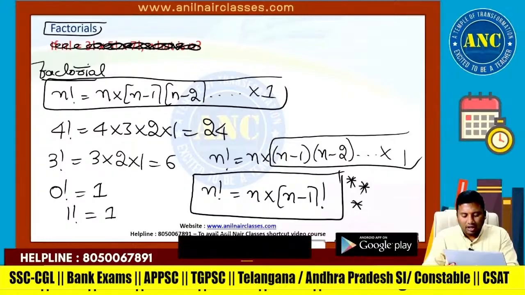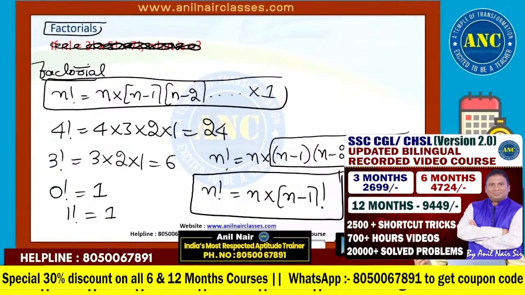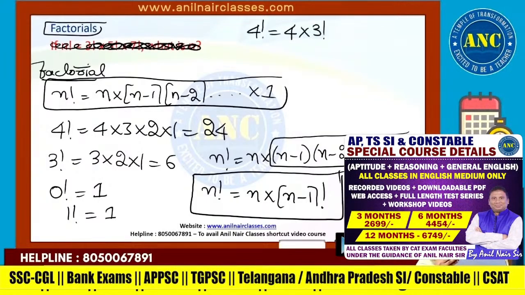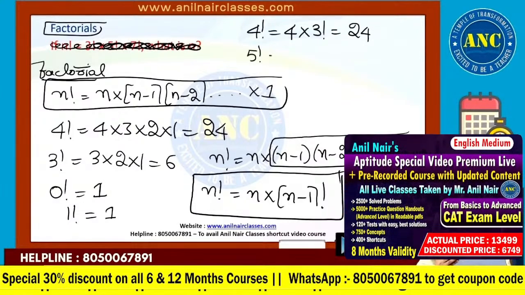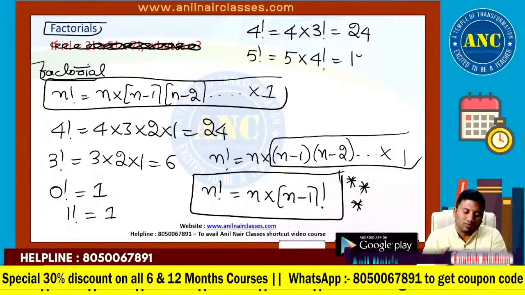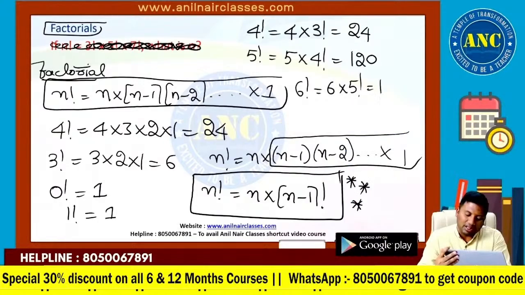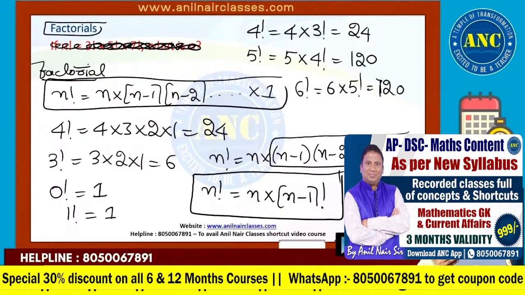N factorial is also given by n into n minus 1 factorial. That means 4 factorial can be written as 4 into 3 factorial, which is 24. 5 factorial is given as 5 into 4 factorial, which is 120. 6 factorial is given as 6 into 5 factorial, which is nothing but 720.